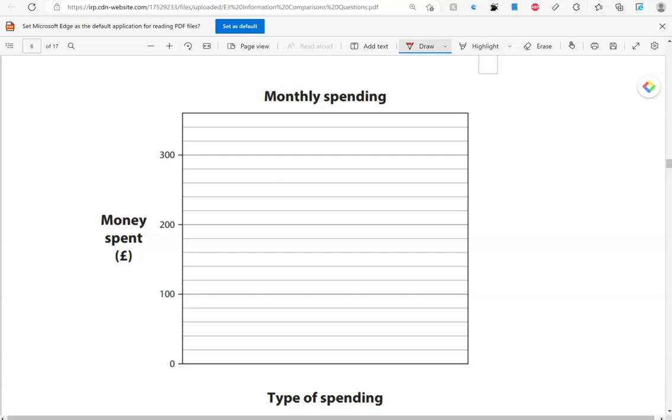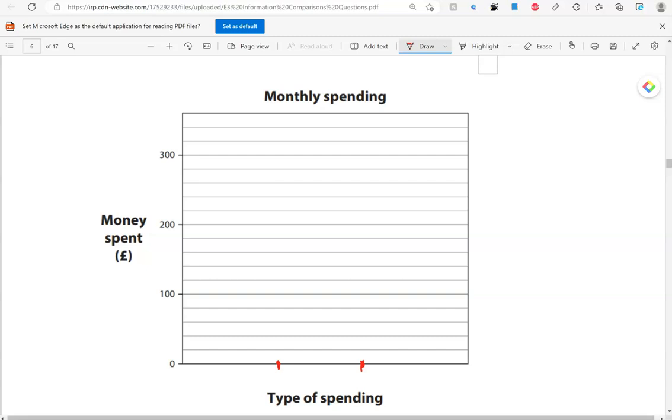I'm going to split this into 3 roughly. Doesn't need to be perfect. And I'm going to leave no gaps between the bars, but if you want, you could leave gaps between the bars, as long as the gaps have the same size.